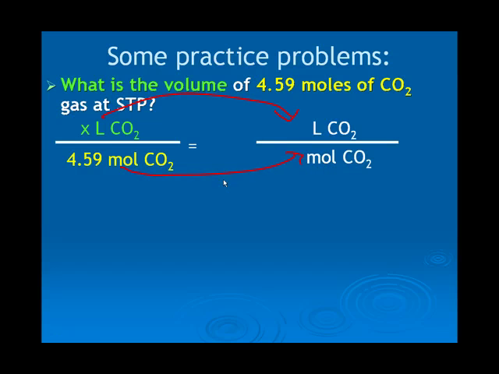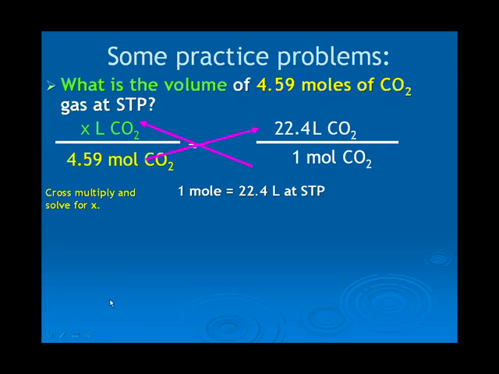Well, since we're at STP, we know a relationship between moles and liters. 1 mole is 22.4 liters at STP. So that's what I'm going to fill in. 1 mole, 22.4 liters. Cross multiply, solve for X. I hope by now you're seeing a pattern in these problems. It's always going to be the same thing.